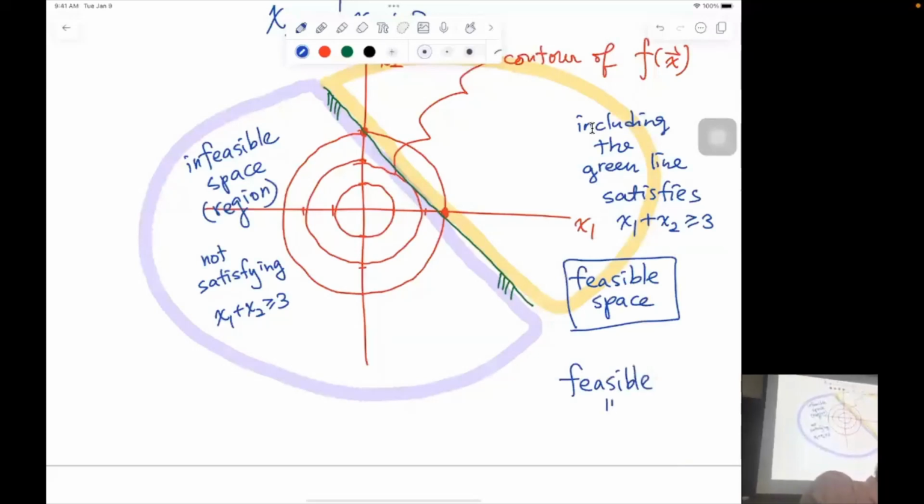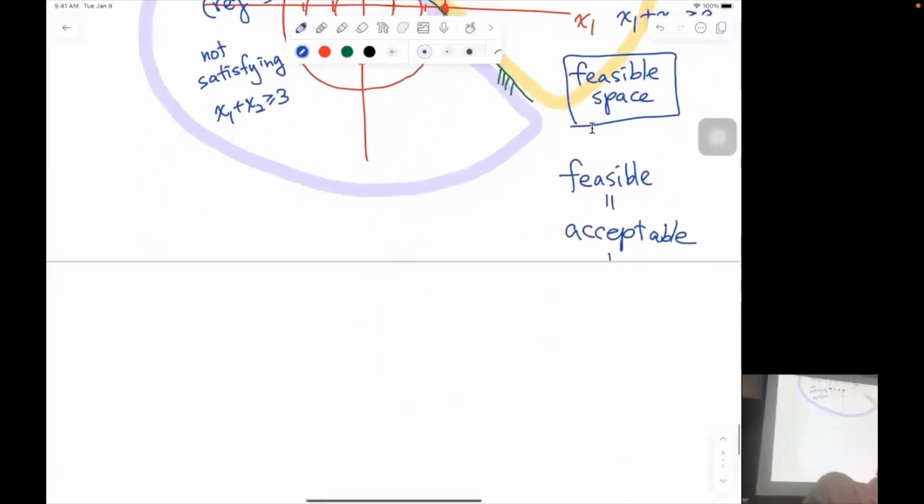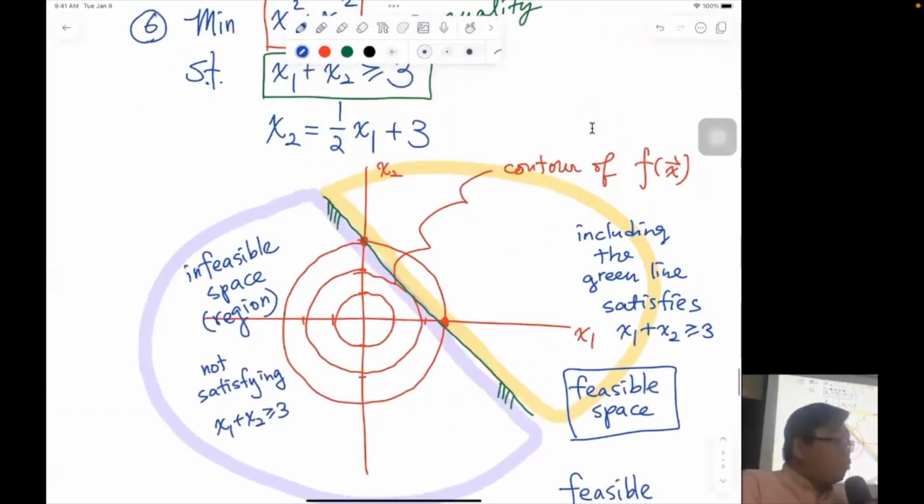Feasible means acceptable, allowable. So we can only find our solution in the yellow region or on the green line.